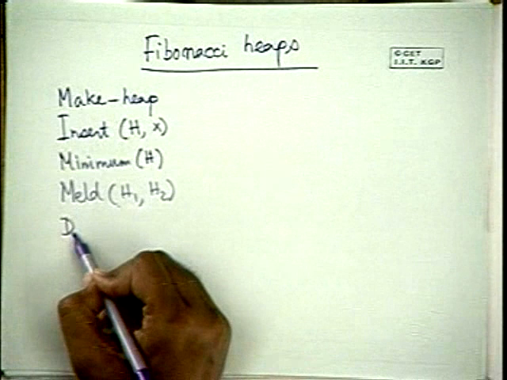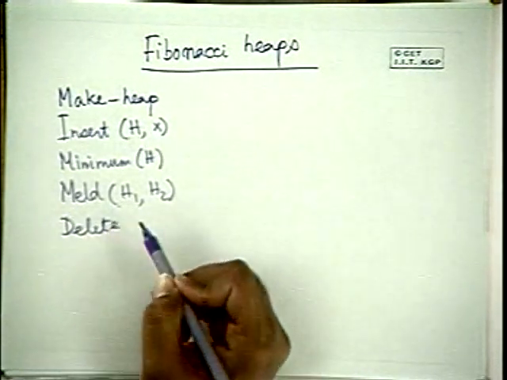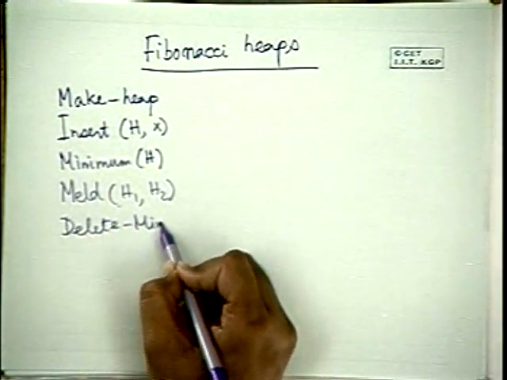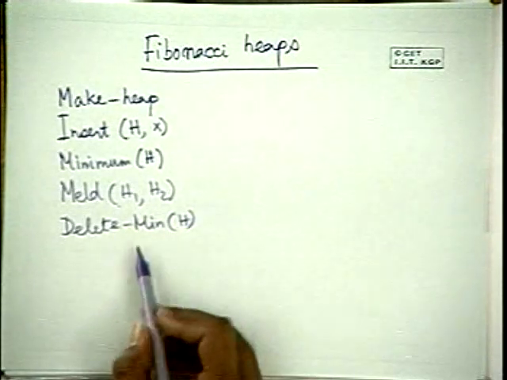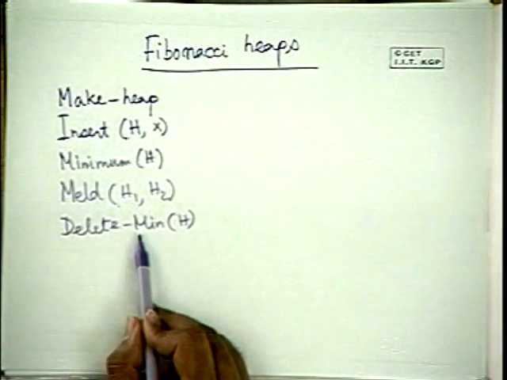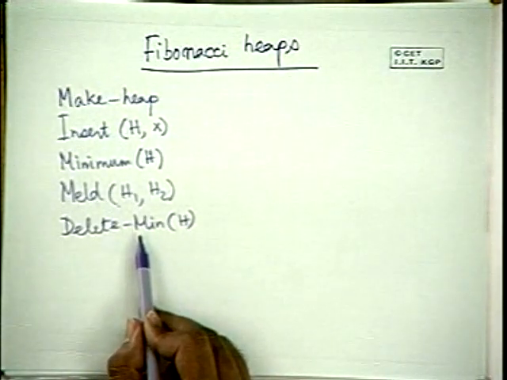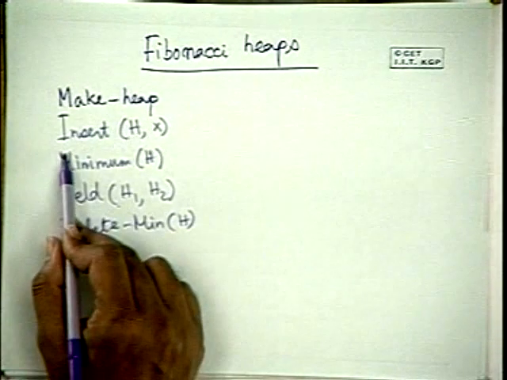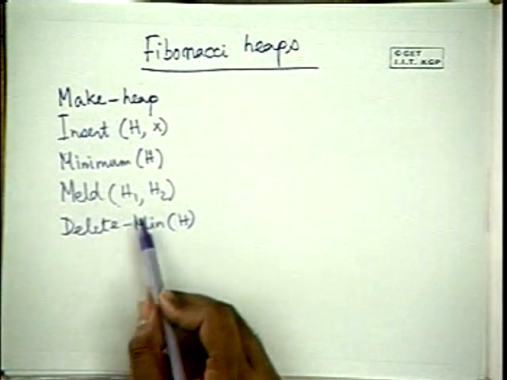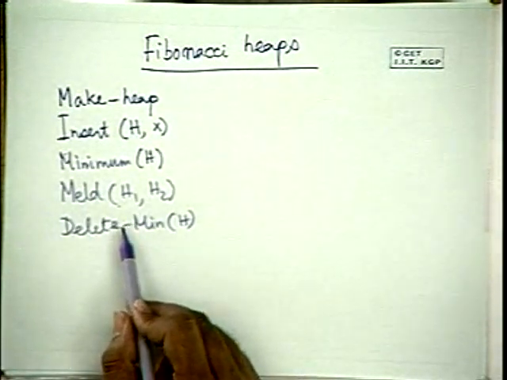Then there is another operation, delete min H. In this case you extract the minimum from the heap. There is a difference between minimum H and delete min H. This time you return the value and delete it from the heap.